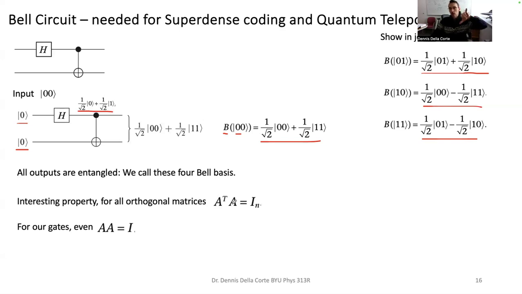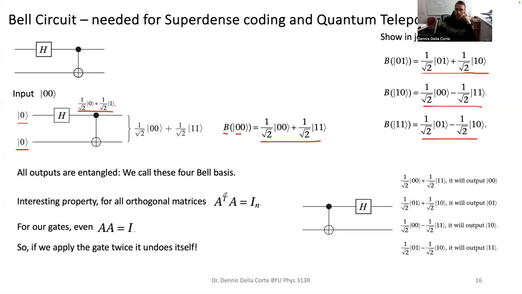So if you take any of the Pauli matrices and transpose them, you're just going to get the same one again. And if you multiply them with each other, you're just going to get the identity. That means if you take any of these reversible gates and apply it twice, the second one will undo what the first one did.